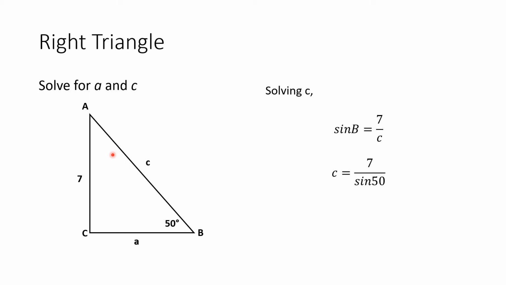And the value now of our C will be equal to 9.14. So, as you can see here, the value of this side, hypotenuse C, is 9.14, which is the longest side for our right triangle.